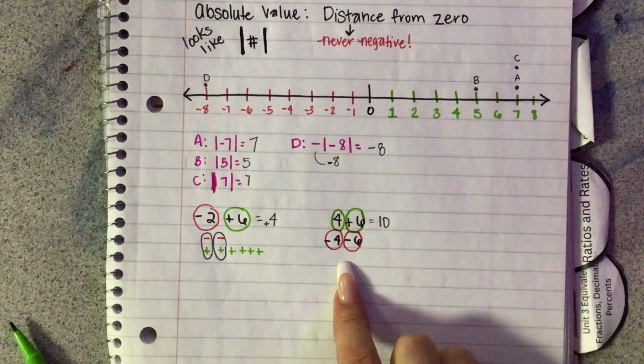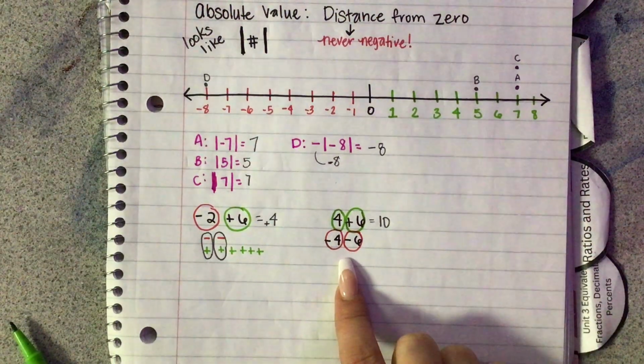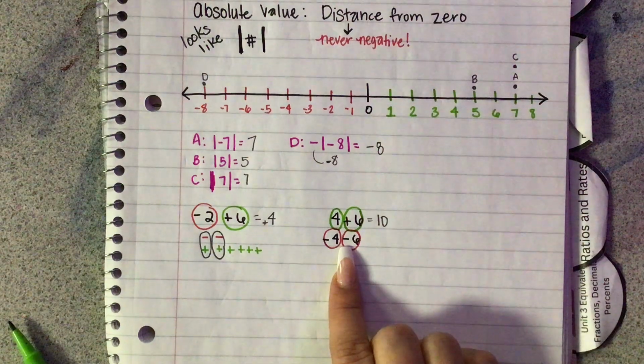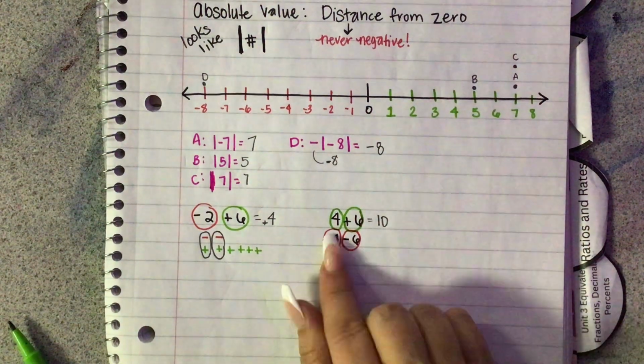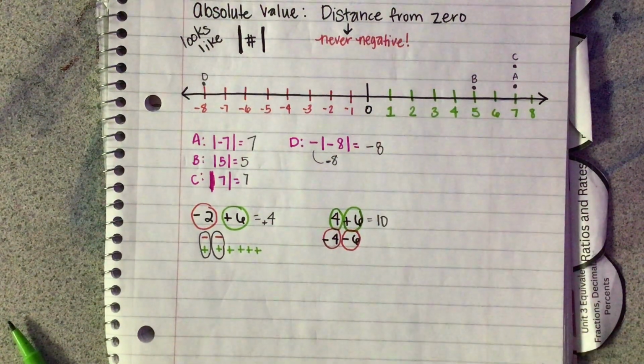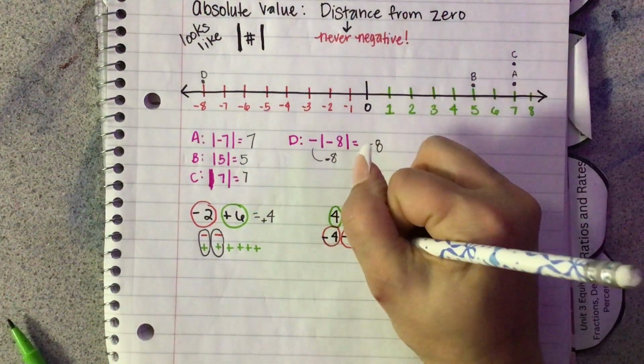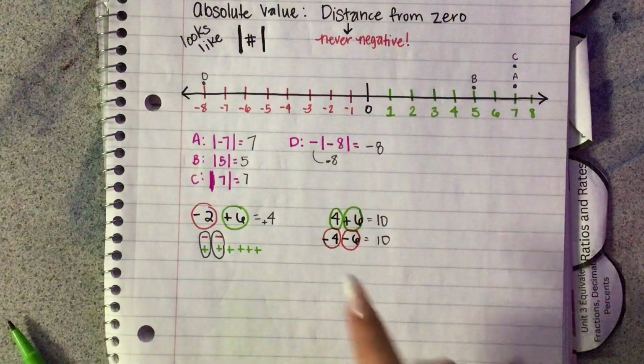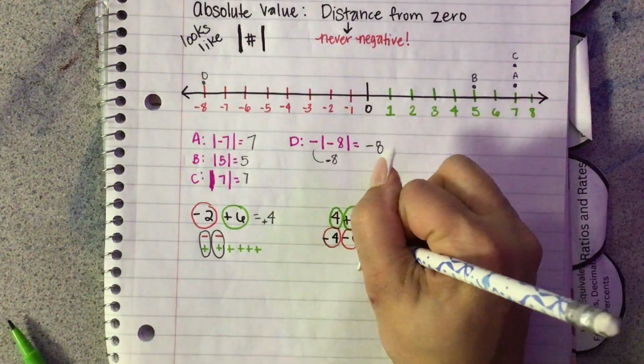I would do the same thing when I'm talking about combining negative numbers. I have a -6 and I have a -4. They're both negative numbers, so I'm going to combine them. 4 and 6 are 10, and then I'm going to keep my sign. They're both negative numbers, so it's going to stay a negative number.